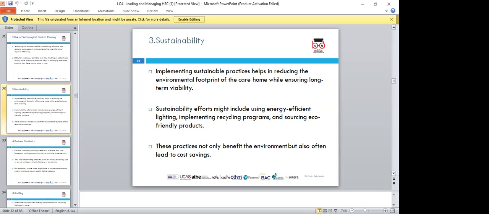So you are looking into how you could save bills and other costs for the care home. Okay, so you want to use energy efficient lighting systems and bulbs. You want to resort to recycling programs, eco-friendly programs that will not deplete the environment and ensure that the care home is also saving in cost and in bills.